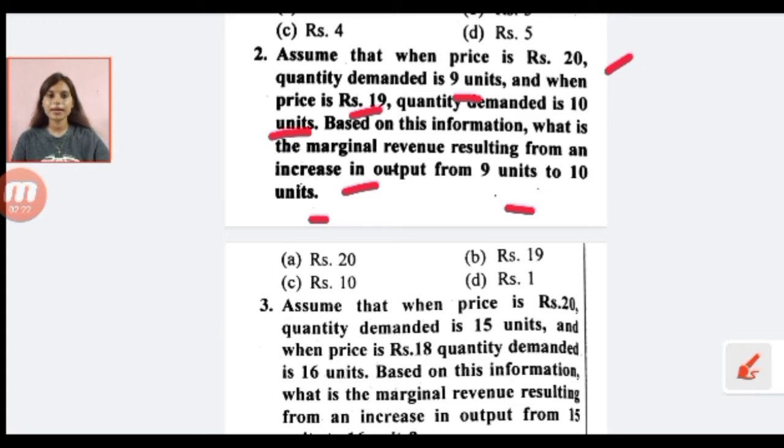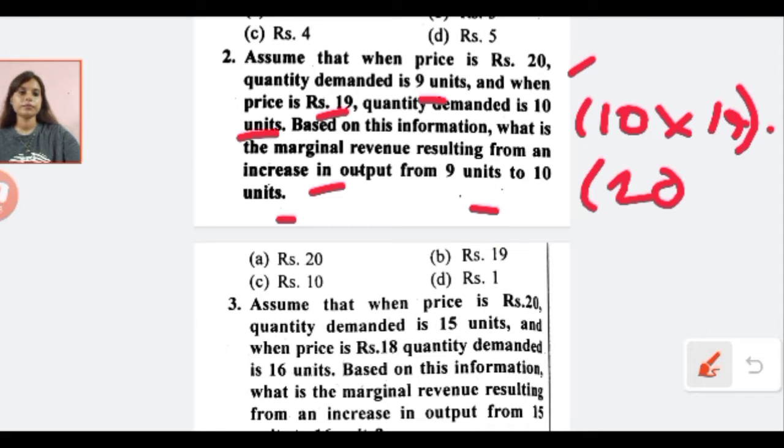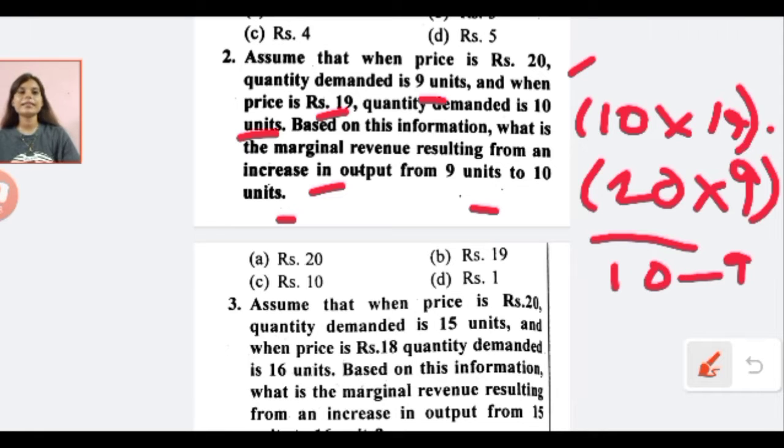So if we put the numbers in that formula, it is coming to 10 into 19 minus 20 into 9, which is divided by 10 minus 9. Now if we calculate this one, it's coming to 10. So your answer would be 10. You see, number C.